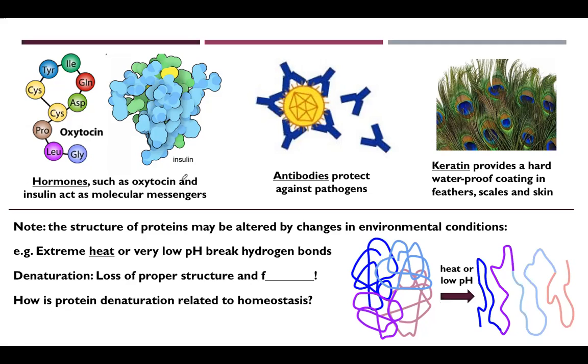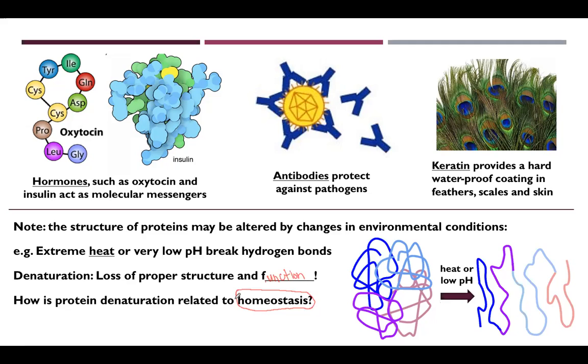So this question at the bottom is asking, how is protein denaturization related to homeostasis? Remember, we want to keep the body at a certain level. How would that be related? Like adapting to changes to keep the body at level? Yeah. So we want to adapt to keep the body at homeostasis. Let's say we're talking about temperature.